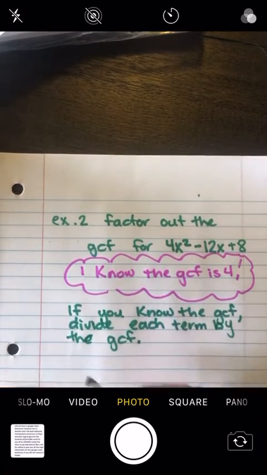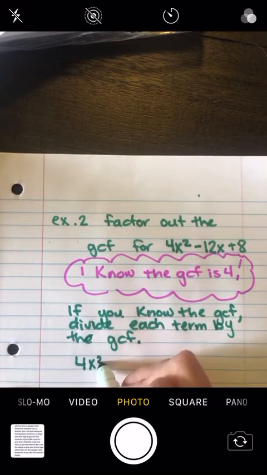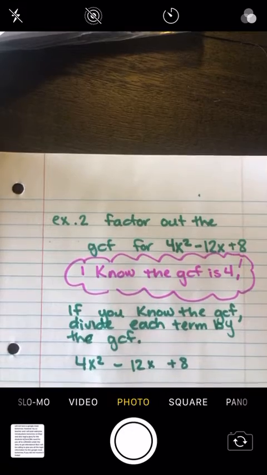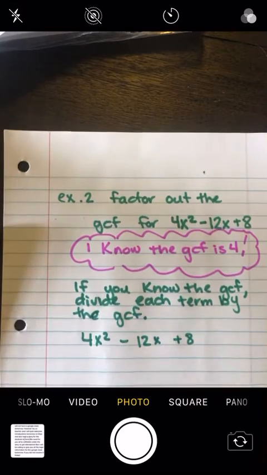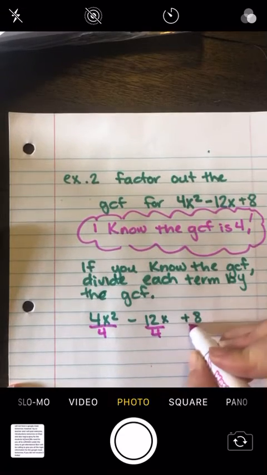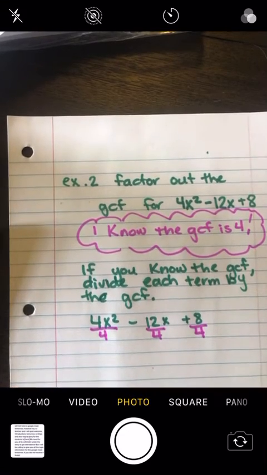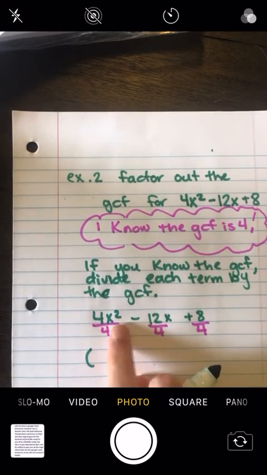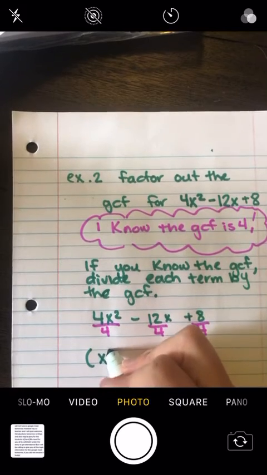All right, so we're going to take 4x squared minus 12x plus 8 and divide them each by the GCF. And those come down into the parentheses. So if I do 4x squared divided by 4, my final answer is x squared.